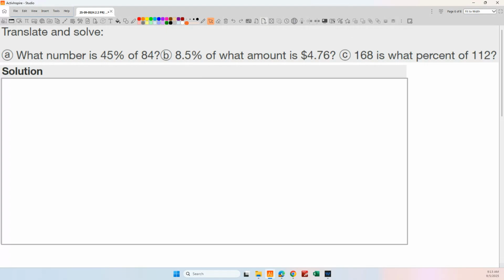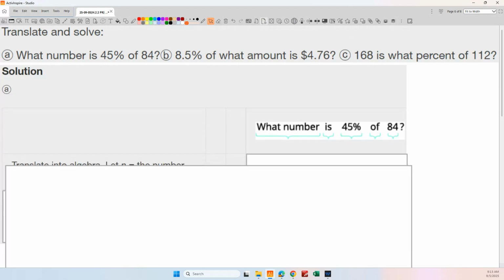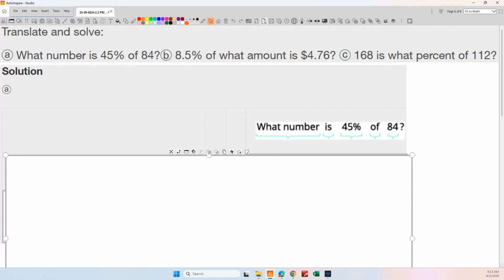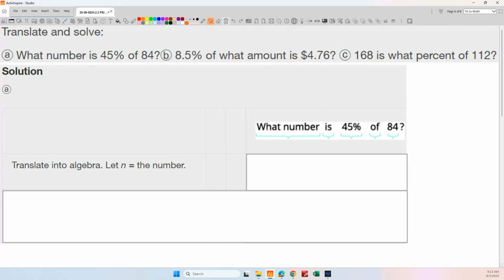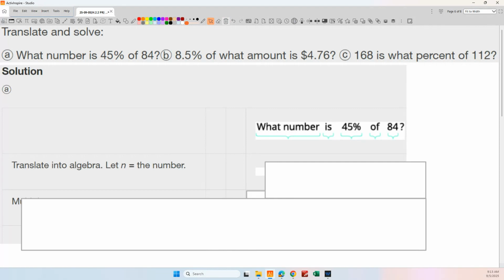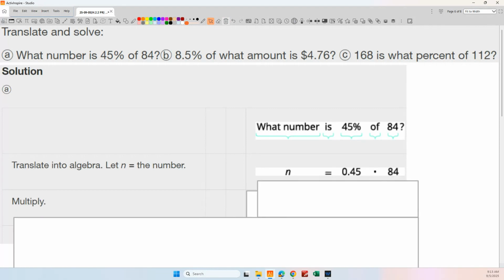I don't have to do any algebra at all, do I? What number, so that's x, right? That's what we're looking for, well, they call it n, equals 45% of 84. How do we take 45% of a number? Well, you just multiply the number by 0.45. You guys told me that earlier, okay?